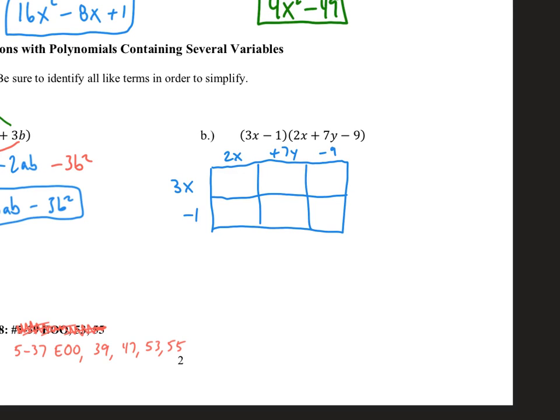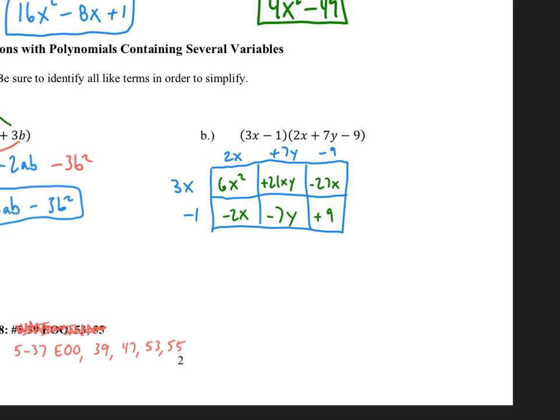And 3x times 2x is 6x squared. 3x times 7y is positive 21xy, go alphabetical. 3x times negative 9 would be negative 27x. Negative 1 times 2x is negative 2x. Negative 1 times 7y, negative 7y. Negative 1 times negative 9 is positive 9.